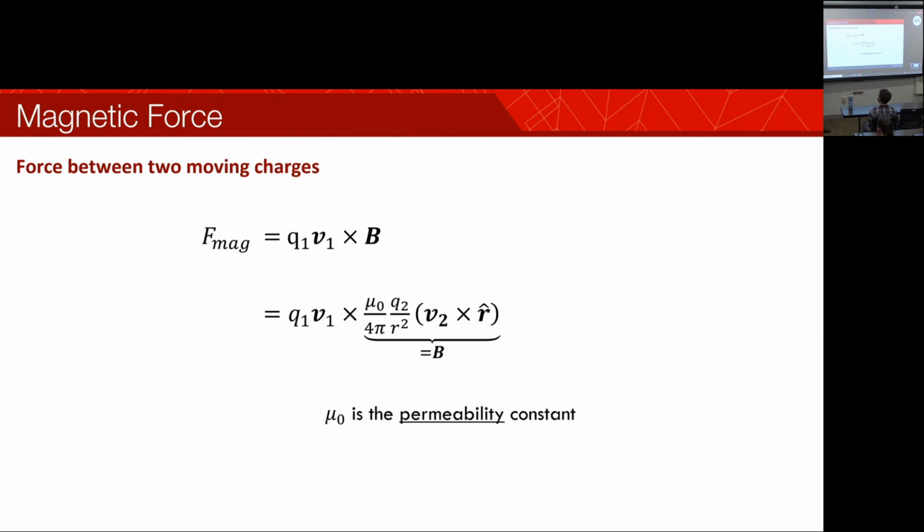Because essentially if we have two moving charges, then they're interacting through the electric and magnetic forces. So what I did was I took this B field here and replaced it with the B field that was created by charge Q2 moving with velocity V2, a distance r from Q1.